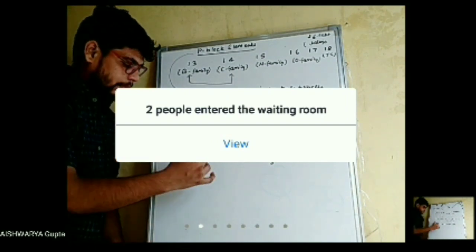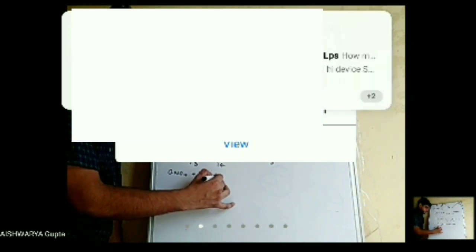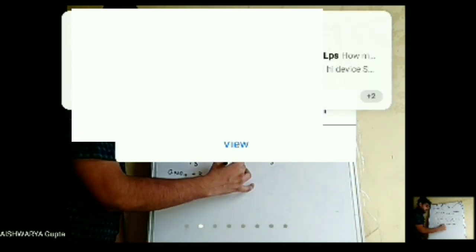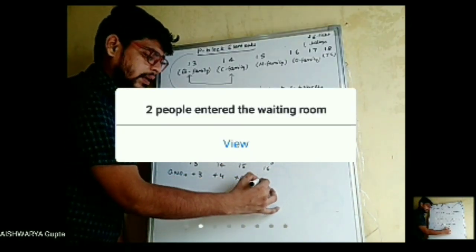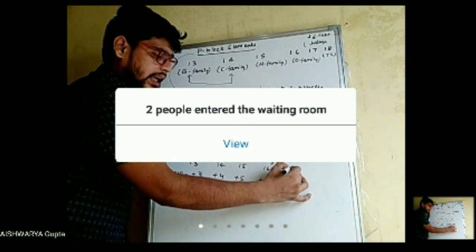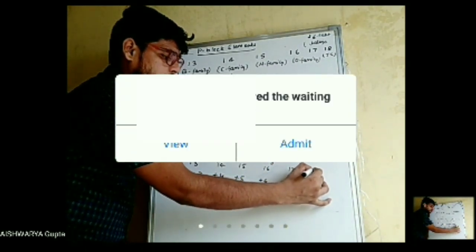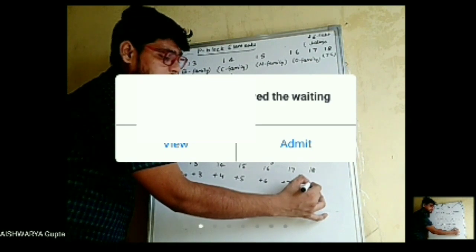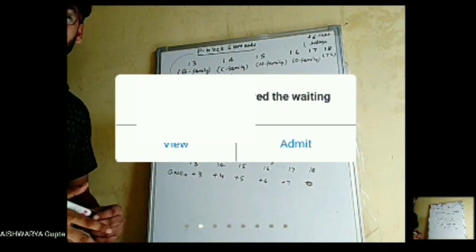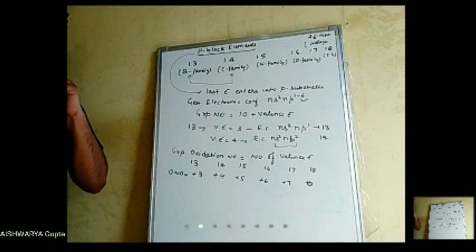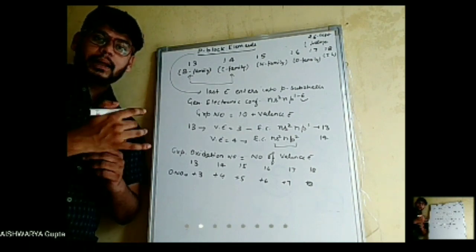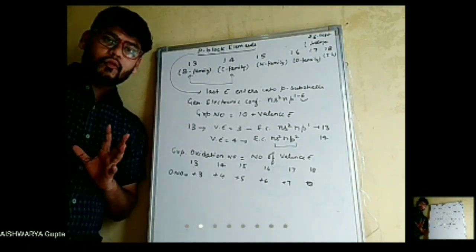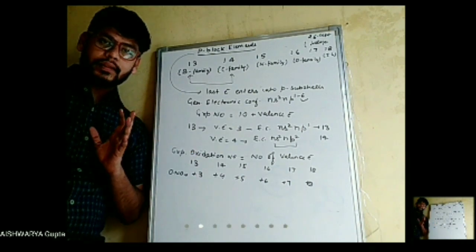The group oxidation number of group 14 will be plus 4, of group 15 plus 5, group 16 plus 6, group 17 plus 7, and group 18 will be 0. These are the group oxidation numbers, because the group oxidation number simply represents the number of valence electrons and is equal to the number of valence electrons.